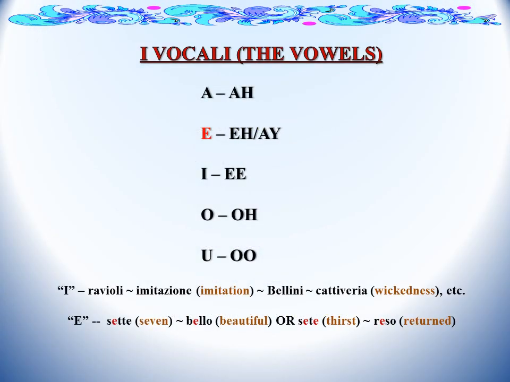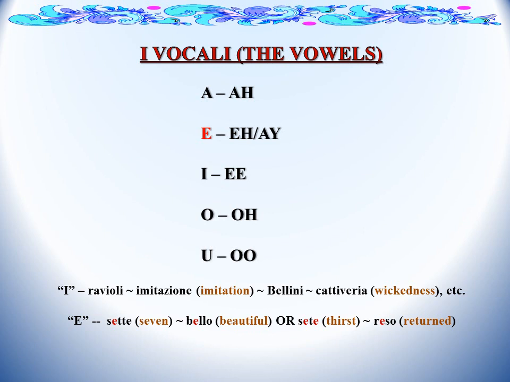On the other hand, Italian vowels, i vocali, often do not produce the same sounds in an Italian word that they do in an English word. The sounds they produce are essentially the same as the name of the letter. Let's say them together.